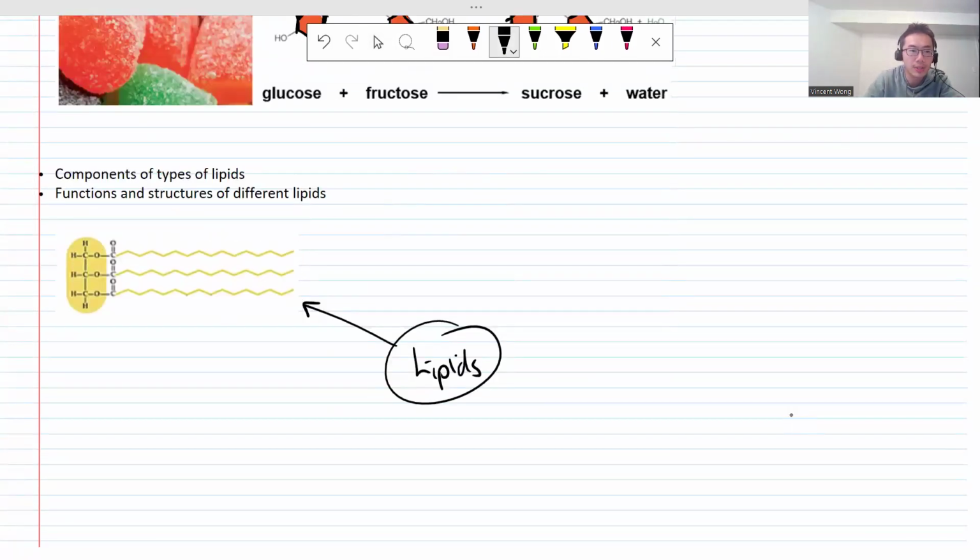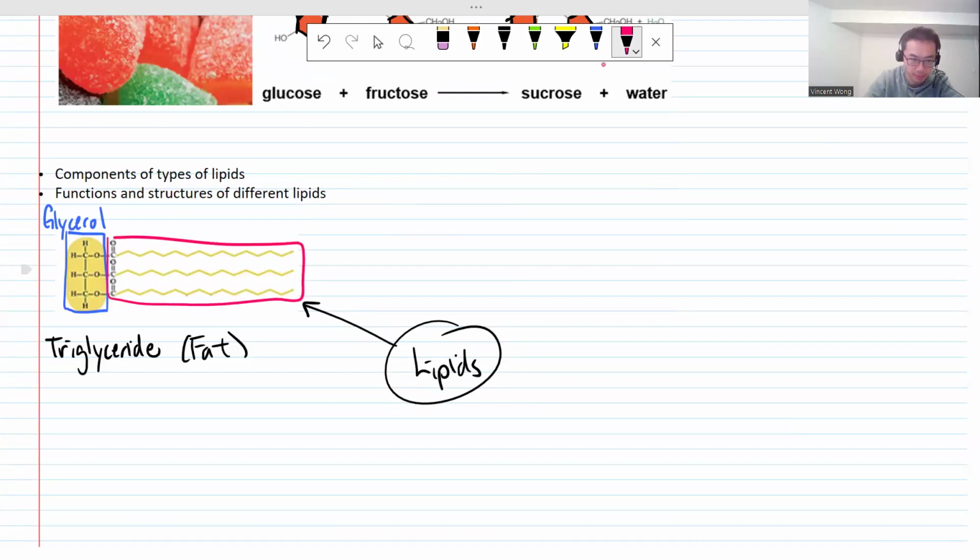So this one is triglyceride, also known as fat. The components that make up the fat include this thing right here, which is called glycerol. So one glycerol, and you have 3 fatty acids. That's the building components of a fat molecule.